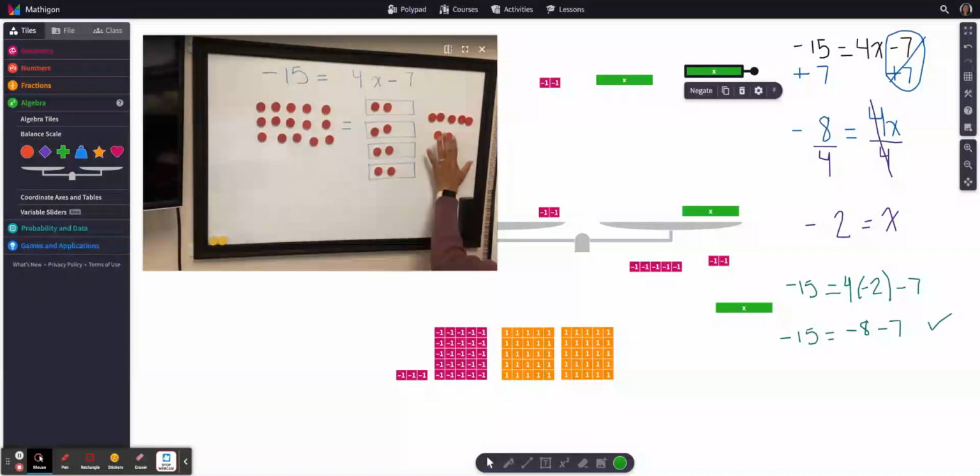Right, there's 5, 6, 7, 8, 9, 10, 11, 12, 13, 14, 15. I do have a total of 15 negative counters. And my answer is x is equal to whatever ends up being inside one of the boxes. Well, one of the boxes has 2 negative counters. That would be my answer.